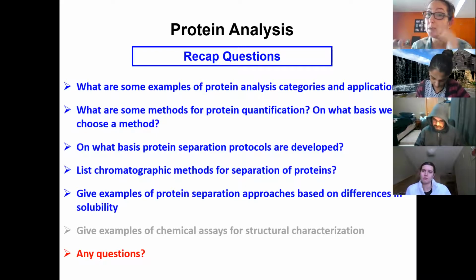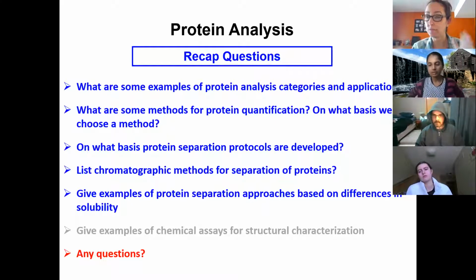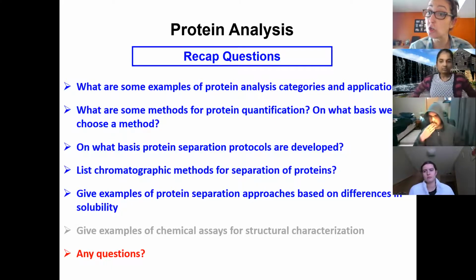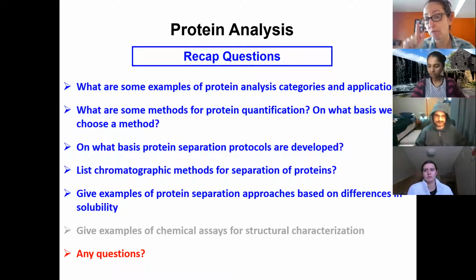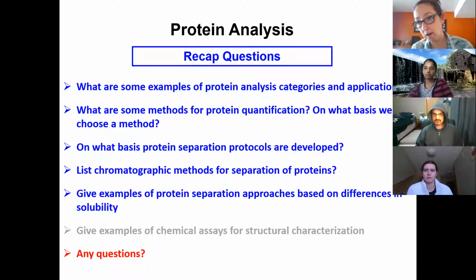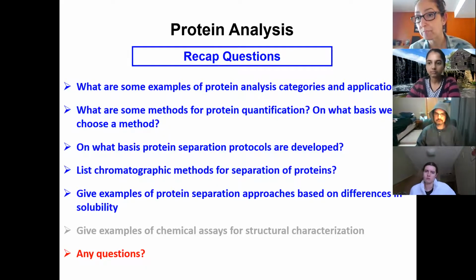Every time you repeat the freeze-thaw, you are disrupting the protein structure, so gradually you're causing denaturation of the protein. Although denaturation at freezer temperature is much slower, the presence of water and how much water you have impacts denaturation over time. Okay.